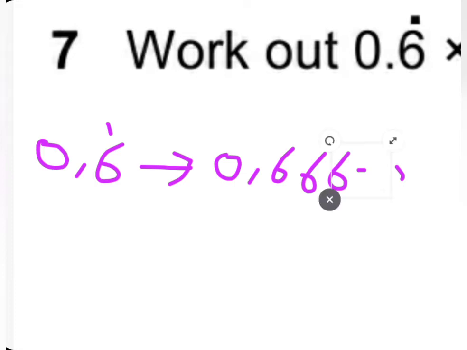First, we say 0.6 with a dot on it means what? It means 0.666, and it goes on, okay? With 3 dots. Now, this means what?